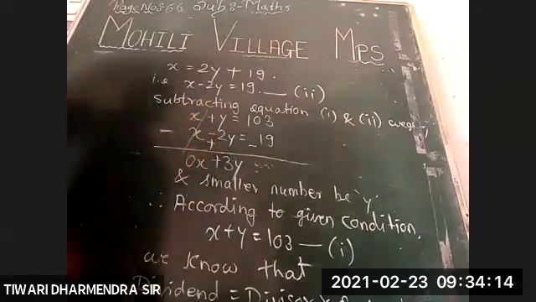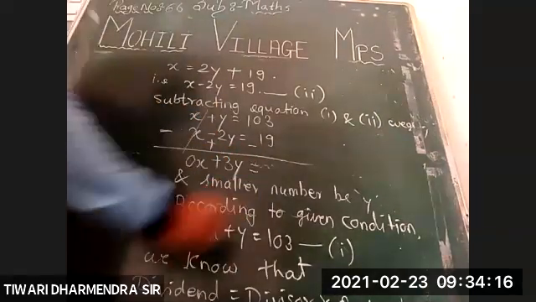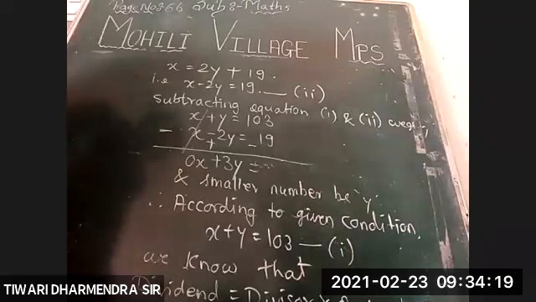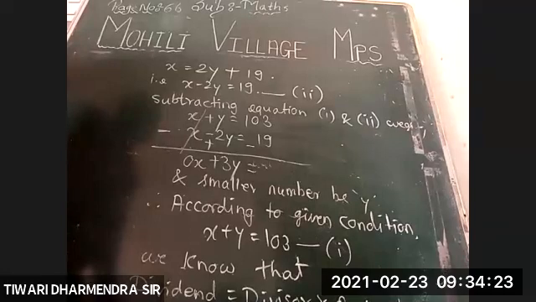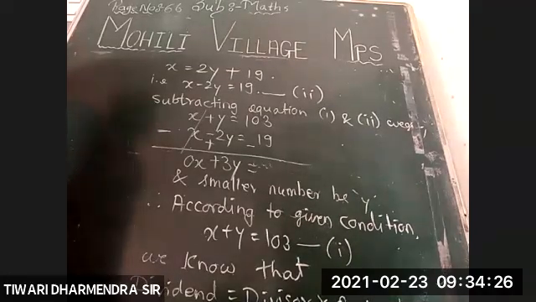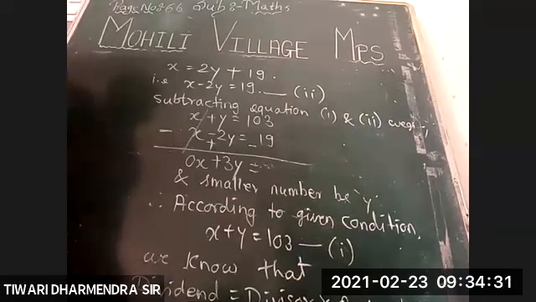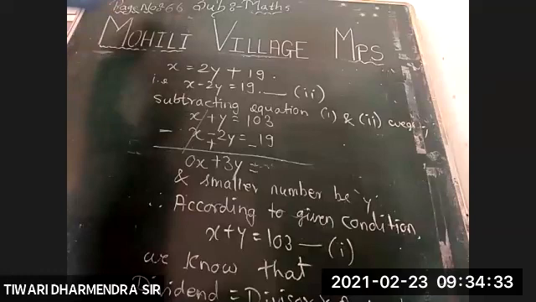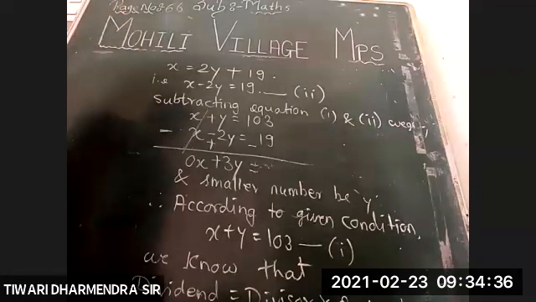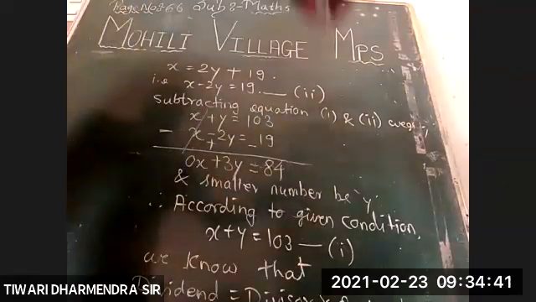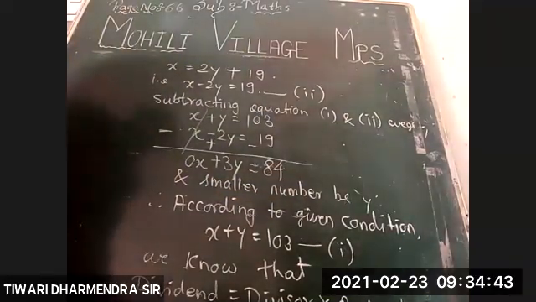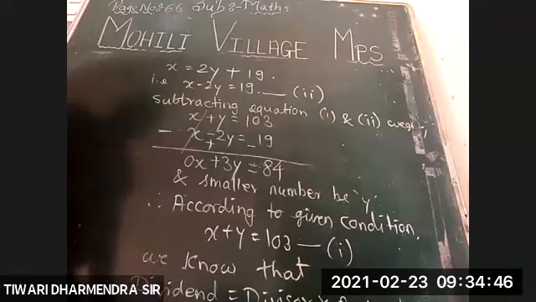3y. 1y plus 2y is equal to 3y, and 103 minus 19 is 84.